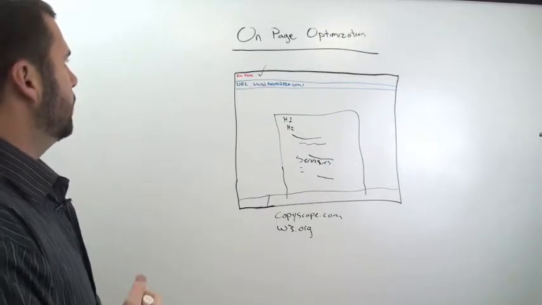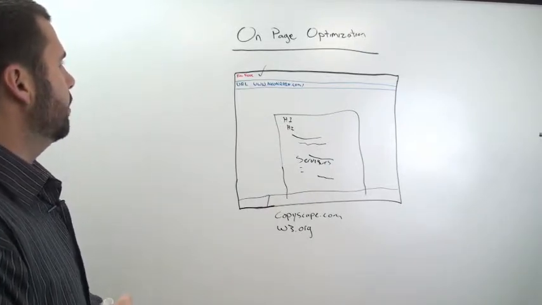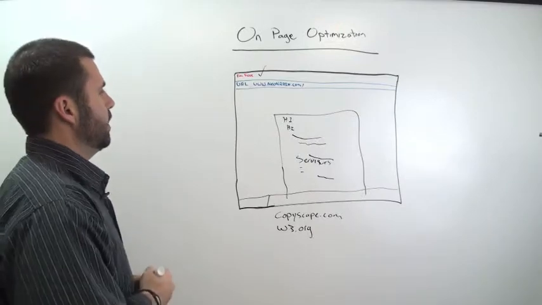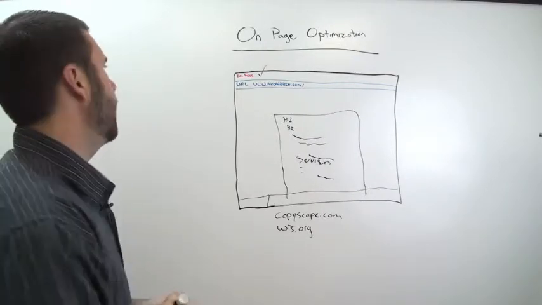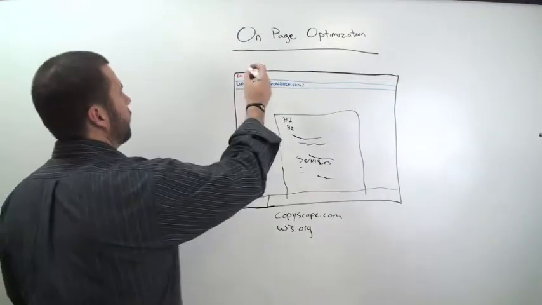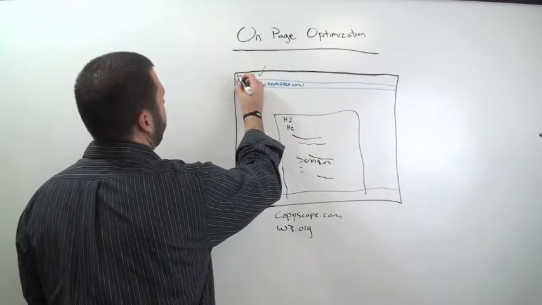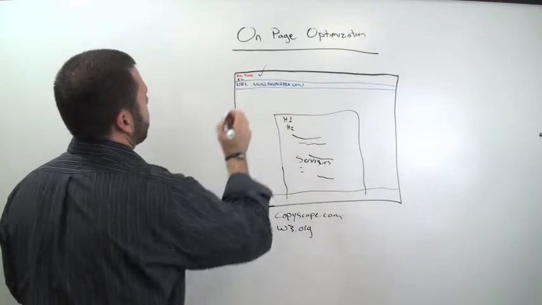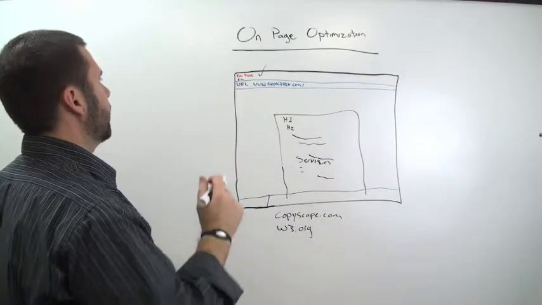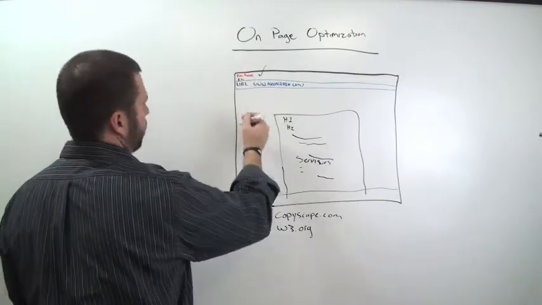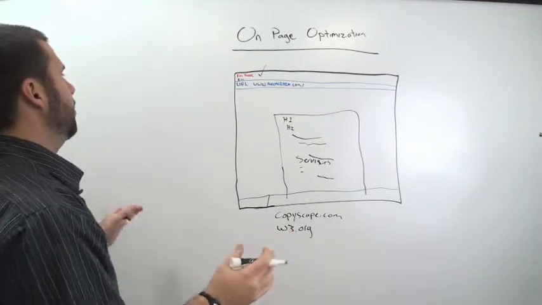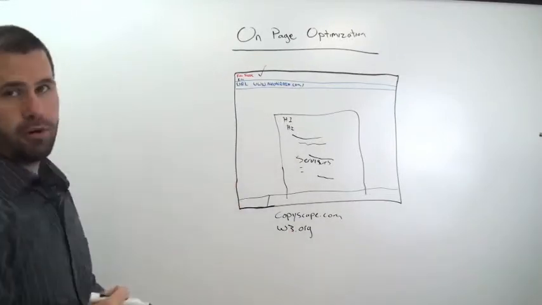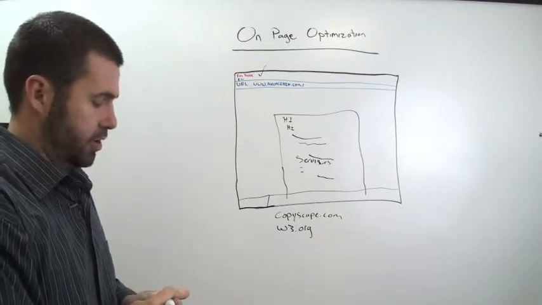And then lastly, but not least, though they don't have as much weight as they used to, are your meta tags. We're here in Firefox, and up here we have our File menu. You can go to File and pull it down, and it'll say Page Source. It'll open up in a separate window, and it'll be your page source. You'll see the back-end programming of your site.